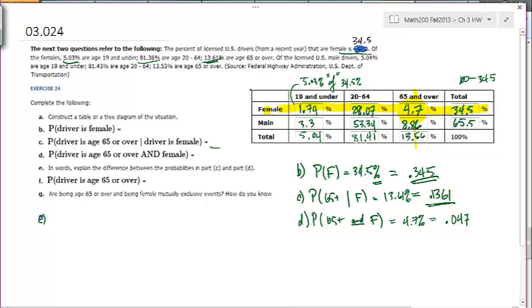So this is our answer for C. The probability 65 plus, given that they're female, is in words the probability that we select someone who is 65 years or older from the female population only.